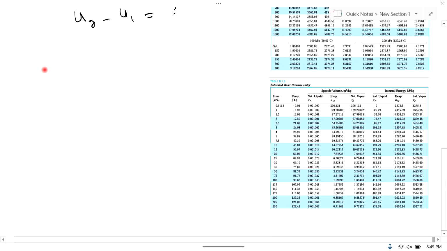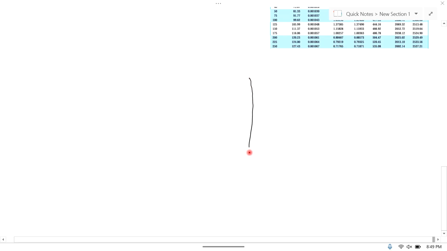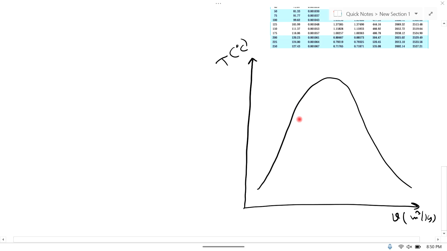Now, first we draw it on the T-v diagram. Temperature in degrees centigrade, and specific volume v in meter cube per kg. This is the saturation curve. This is the saturated liquid line.